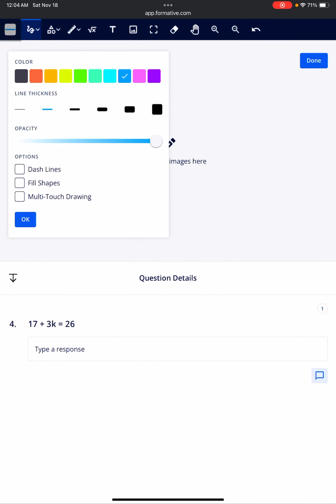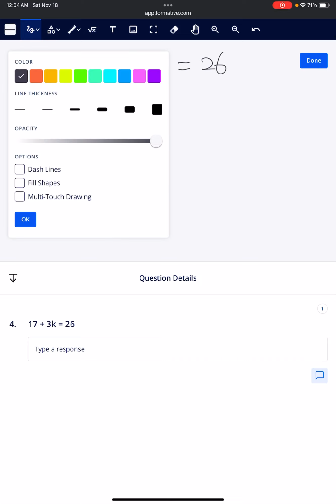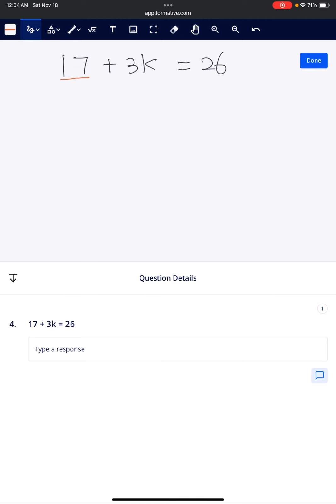I'm going to rewrite the problem first. Again, you need to keep the variable, but get rid of the rest. So you need to get rid of the 17. When there is no sign in front of it, that means it's plus, right?